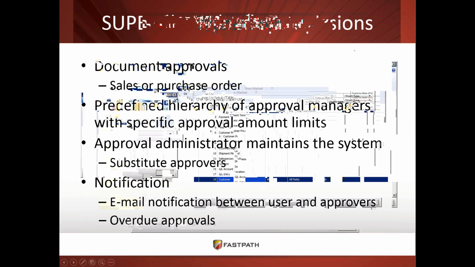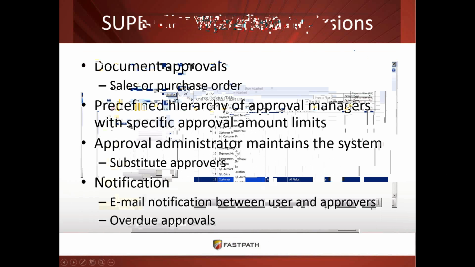When we go back to segregation of duties, this could also be a mitigating control. So I have access to create a purchase order, and it conflicts with security access. I also have access to change vendor master data. So that's going to be a conflict, but the way I'm going to mitigate that is by using these document approvals inside of NAV, and anytime I create a purchase order, it has to go to some manager if it's over a certain limit to get approved.